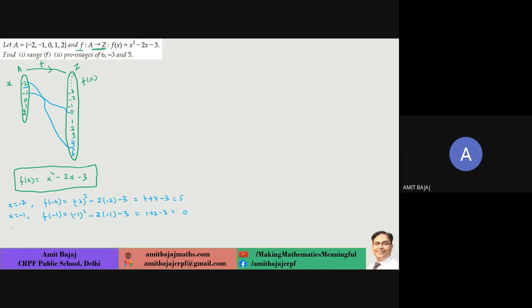Similarly, when x is 0, clearly f of 0 would be -3. So 0 goes with -3, and similarly when x is 1, f of 1 is 1 minus 5, which is -4.